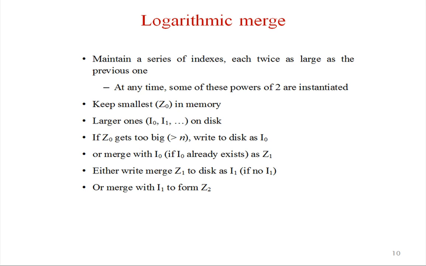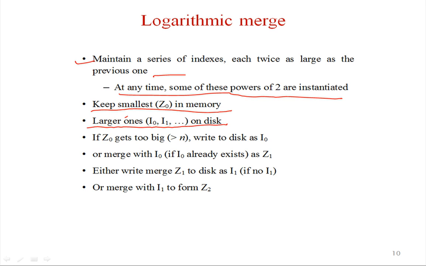It maintains a series of indexes, each twice as large as the previous one. At any time, some of these powers of 2 are instantiated. It keeps the smallest, Z0, in memory, and the larger ones, I0 to I1, on disk.